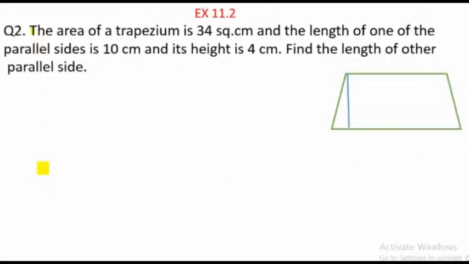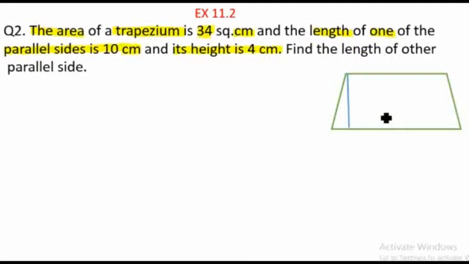Exercise 11.2, question number 2. The area of a trapezium is 34 centimeter square and the height is 4 centimeter. One of the parallel sides is 10 centimeter. Find the other parallel side.